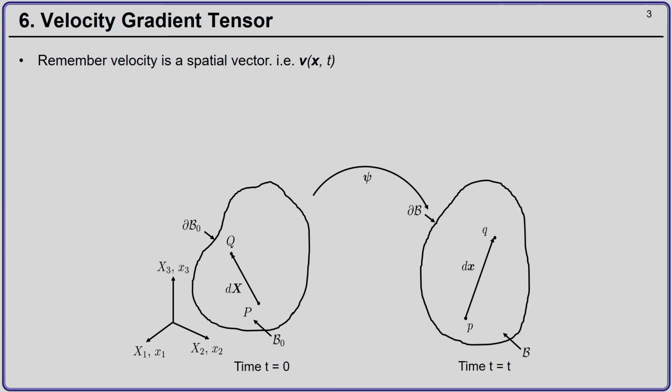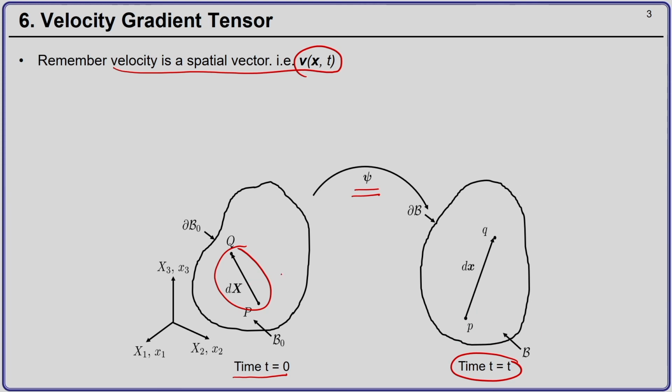Okay. So, remember velocity is a spatial vector, which is shown here. Consider you have a body at time t equal to 0, and then you have a material element dX, and as the body deforms it occupies the current configuration at time t shown here.